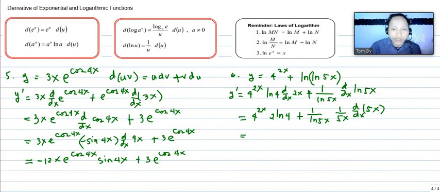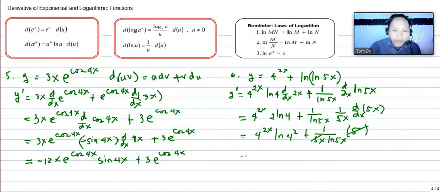So I will multiply this one by ln: we have here 5x ln of 5x. The derivative of 5x equals 5. If you have noticed, we have 5 here and also 5 here, so we will cancel that one.